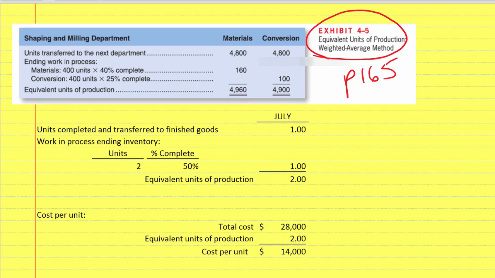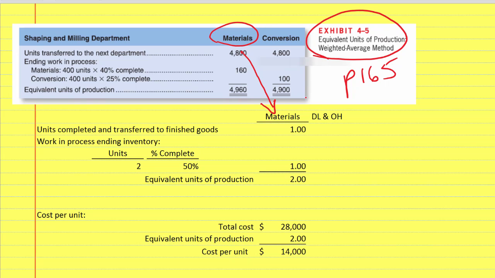Let's set up 2 columns, 1 column for materials, and 1 column for direct labor and overhead. So in Exhibit 4-5, there we have our materials, and your authors combine direct labor and overhead in a single category called conversion.